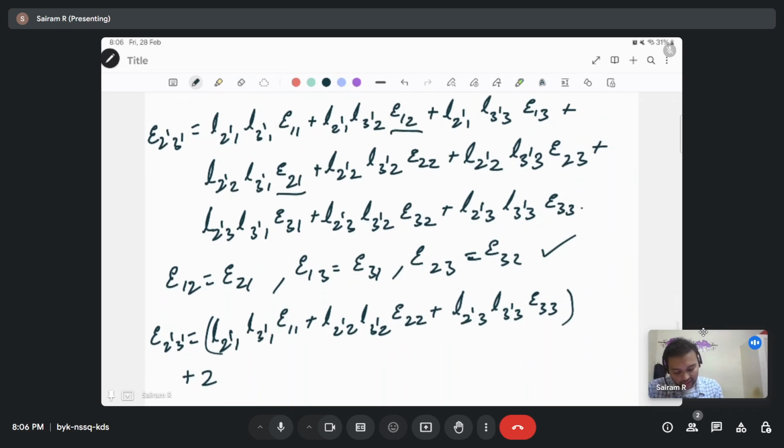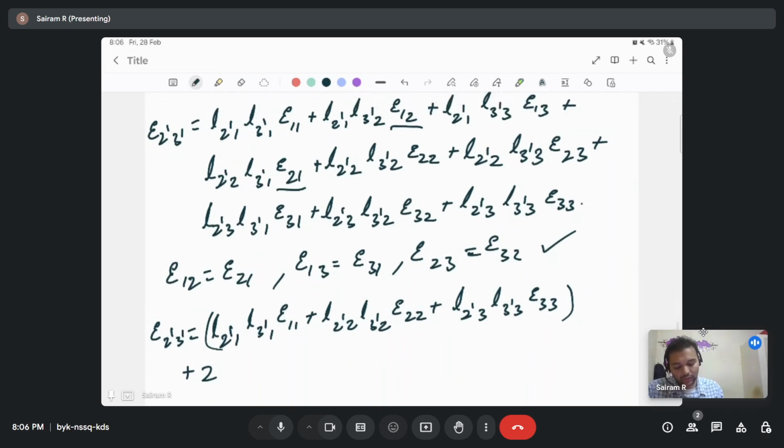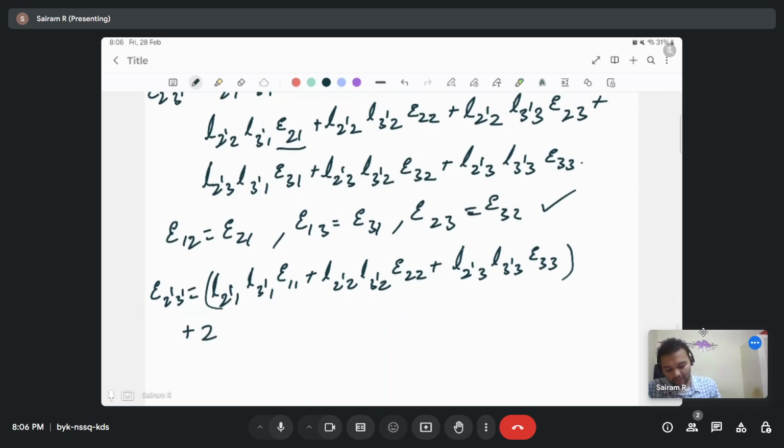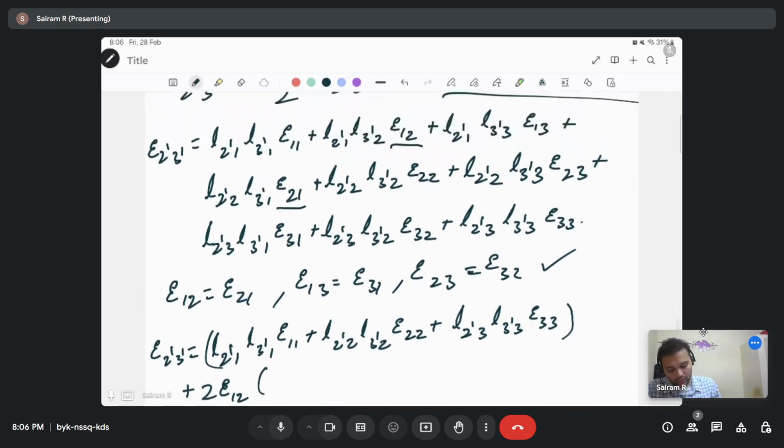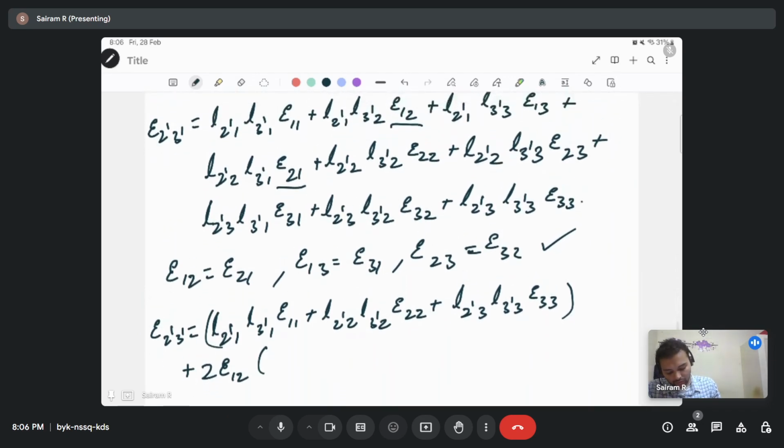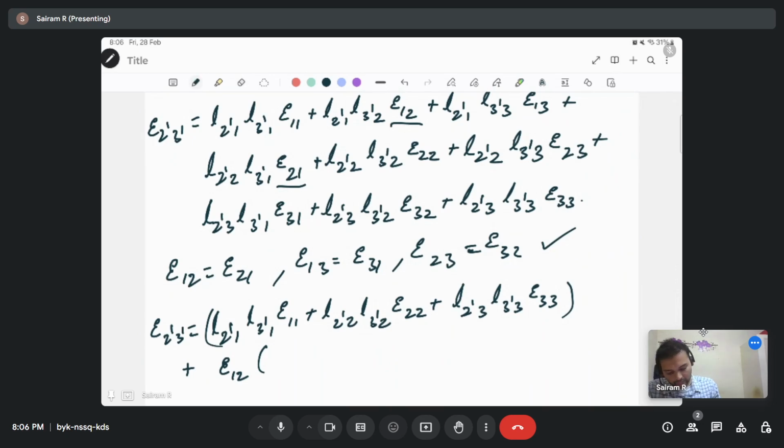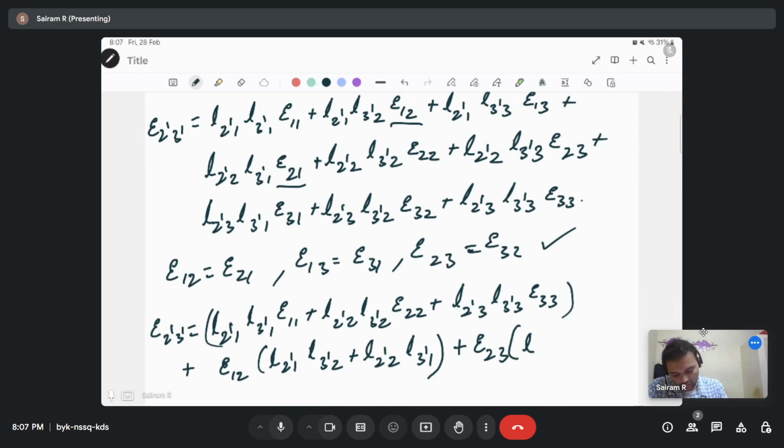So I am going to take that factor, epsilon 1 2, out of the equation, and what we have is 2 into epsilon 1 2, we have L2 prime 1 L3 prime 2 plus L2 prime 2 L3 prime 1, plus, so you know that epsilon 2 3 and 3 2 are the same.